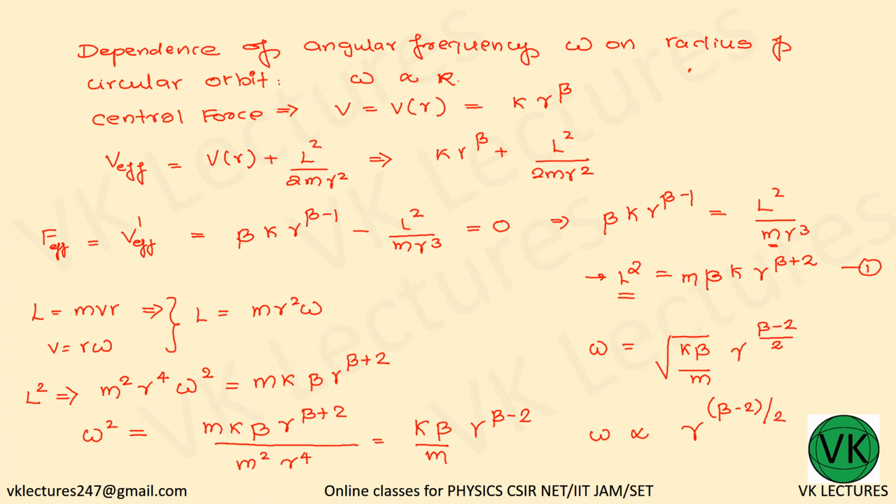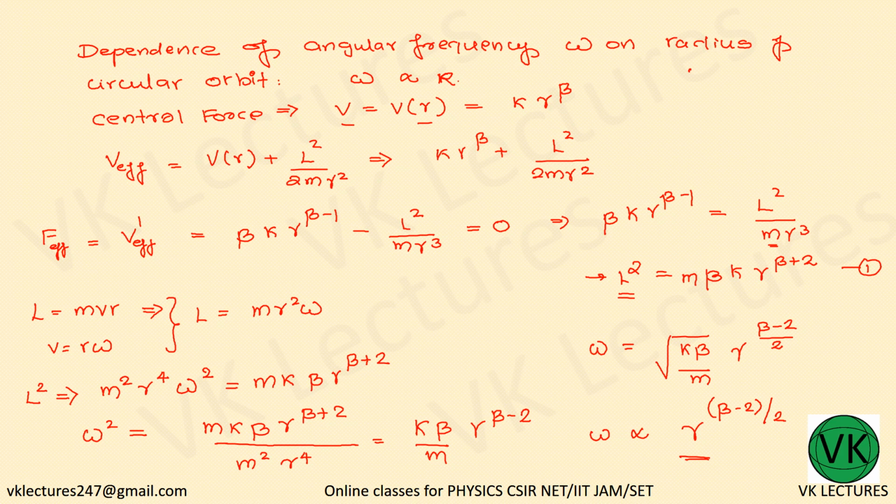So if you have a function V of r given by k r to the power beta, then the frequency of oscillation will be proportional to r to the power beta minus 2 by 2.